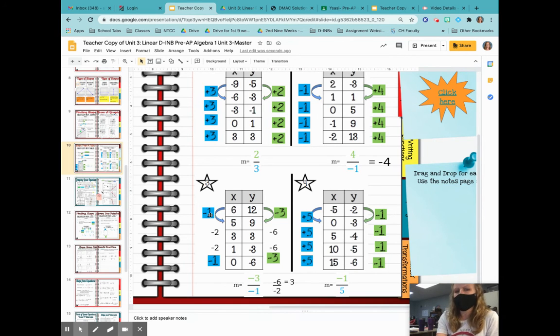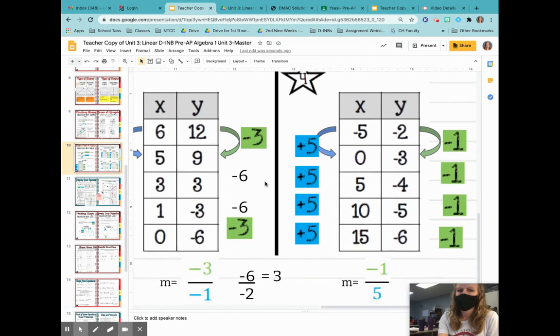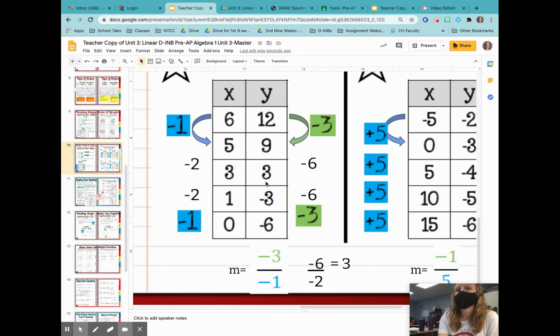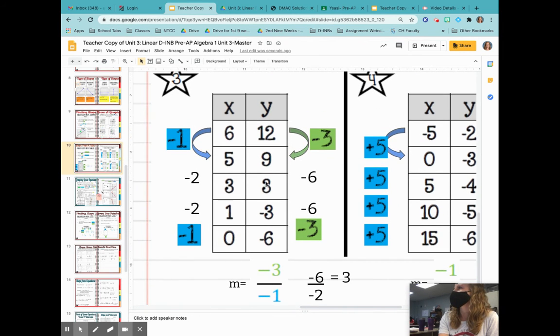And then the x's, it goes down by 1, down by 2, and then down by 1. So one of the fractions is negative 3 over negative 1, like this one.